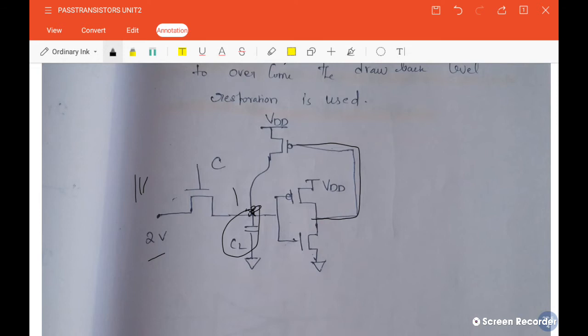It will invert the signal. If it receives 1, it will invert it and make it 0, and that 0 will be fed back to a PMOS. We know for a PMOS to turn on, we must give 0. So the 0 is fed to this PMOS, and the PMOS is turned on.